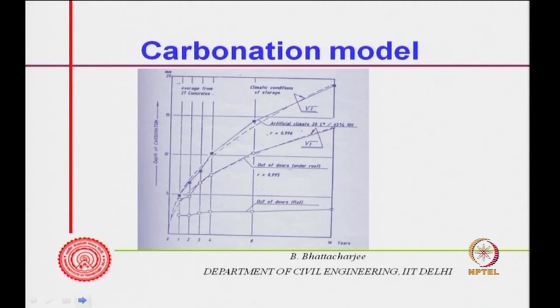Now, root T experimental validation has been shown by some people. For example, most of it seems to fit with the root T curve. This also seems to fit the root T curve. This one is in artificial climate, 20 degrees centigrade and 65% relative humidity, and this one is outdoor condition.